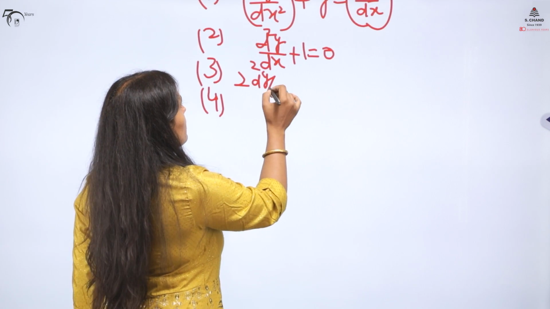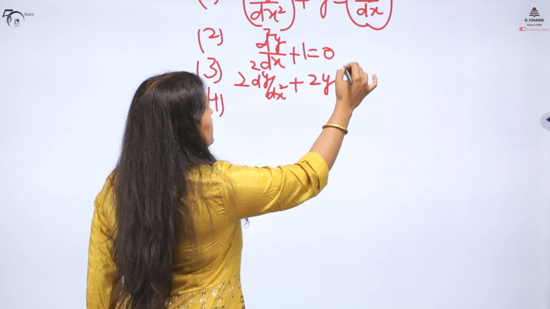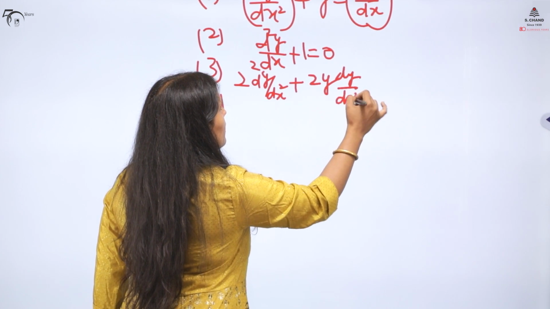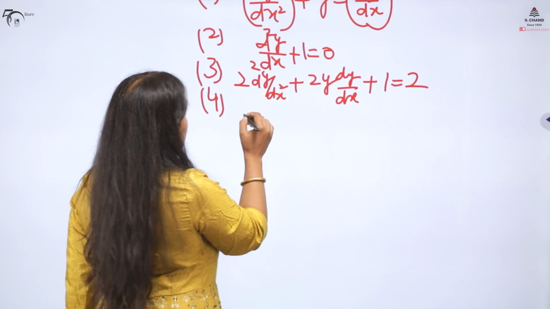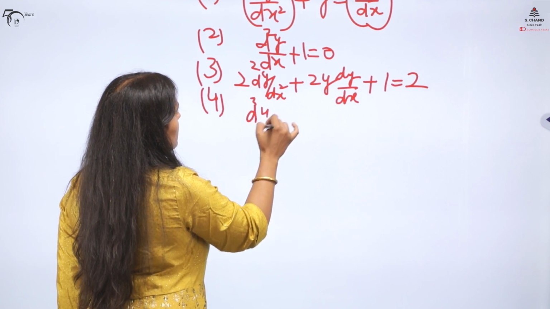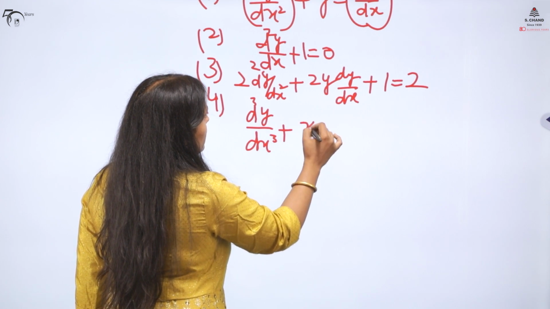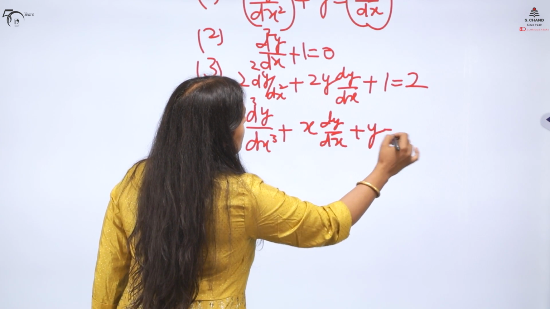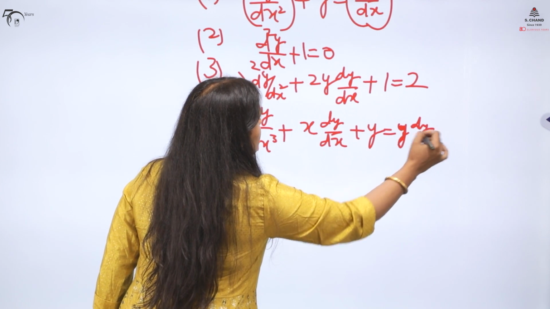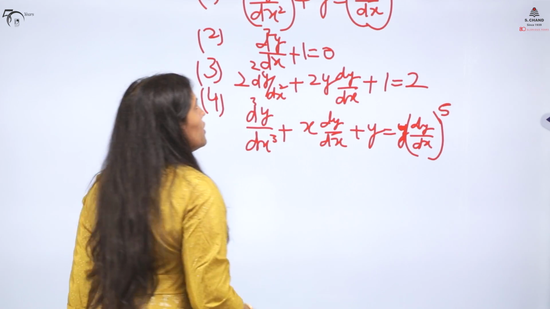So, 2 dy by d square by 2y, then d cube y by dx cube, x dy by dx, dy by dx whole power 5.